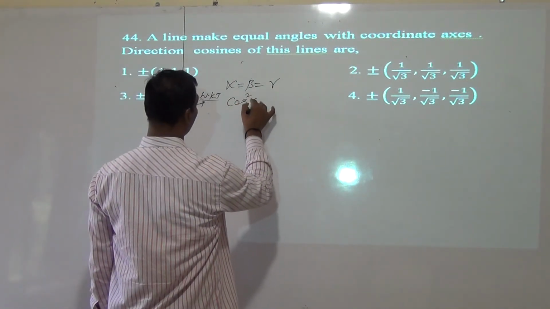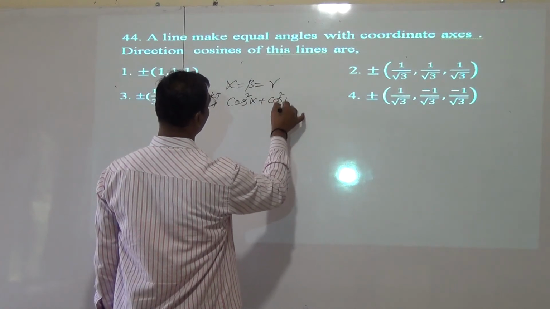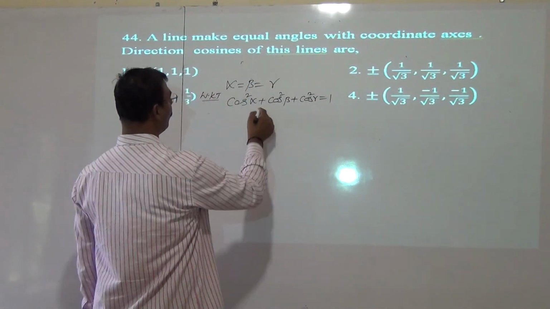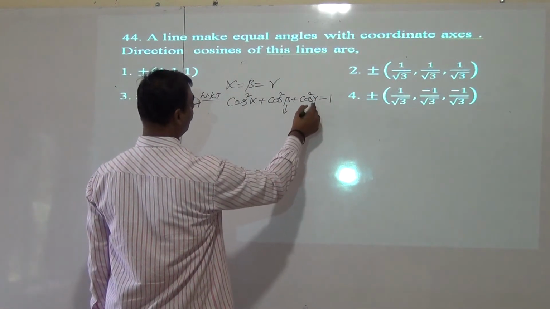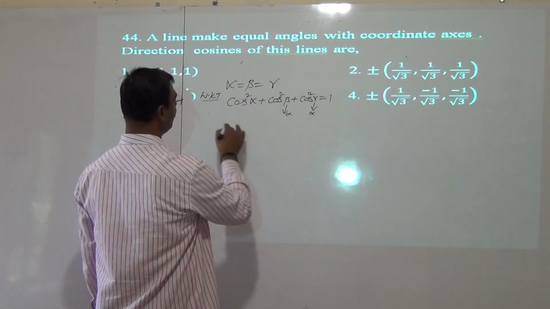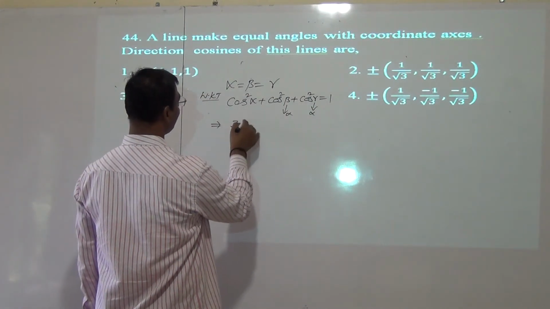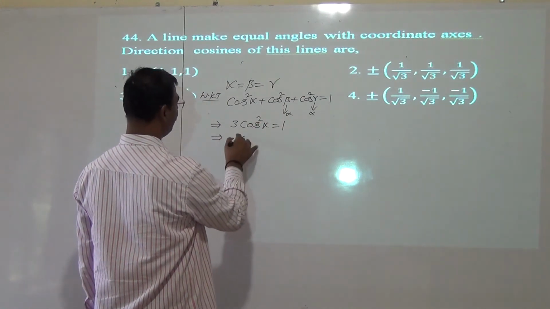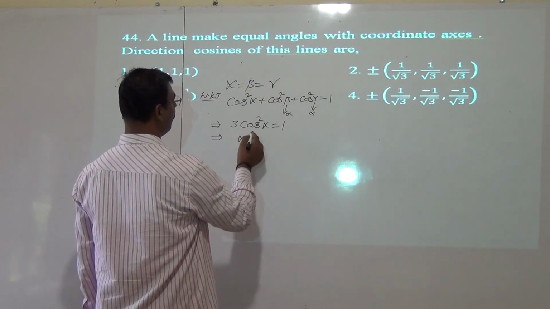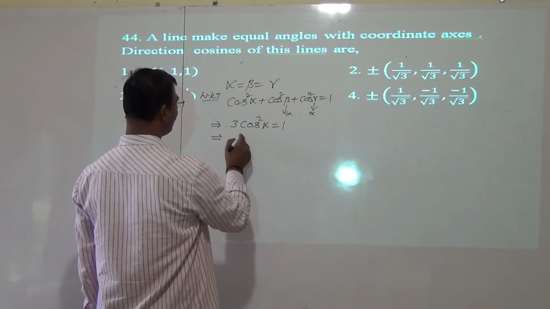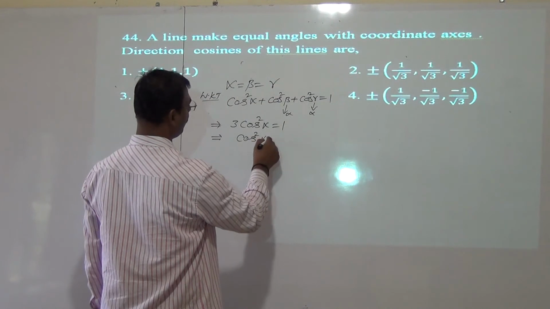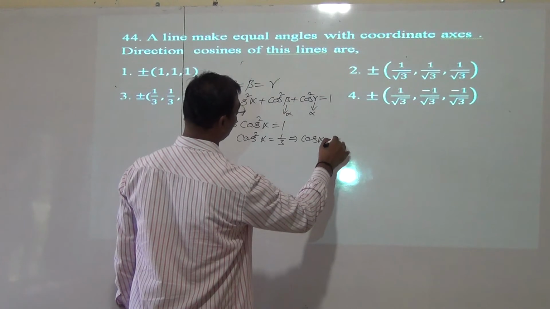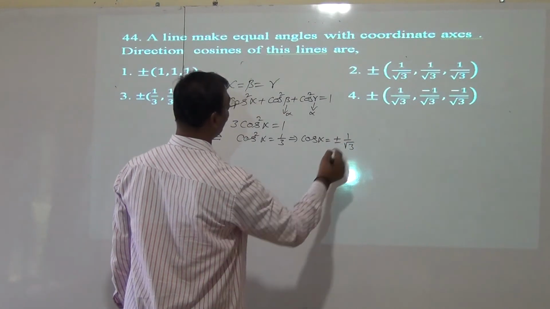So cos square alpha plus cos square beta plus cos square gamma is equal to 1. Put alpha is equal to beta is equal to gamma is equal to alpha. So it becomes 3 cos square alpha is equal to 1. Cos square alpha is equal to 1 by 3. Cos alpha is equal to plus or minus 1 divided by root 3.